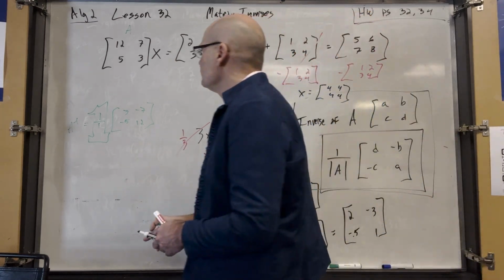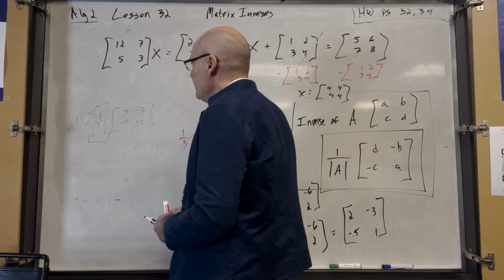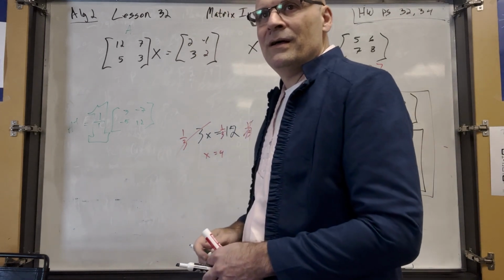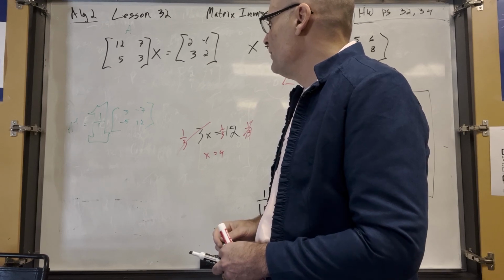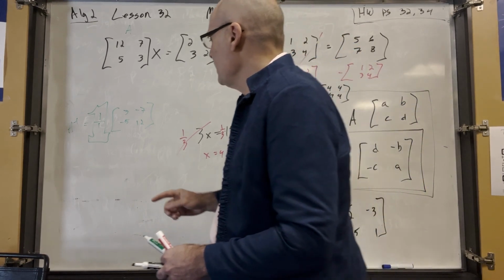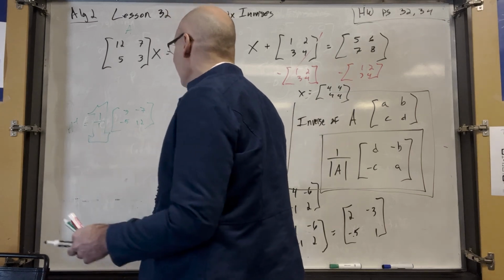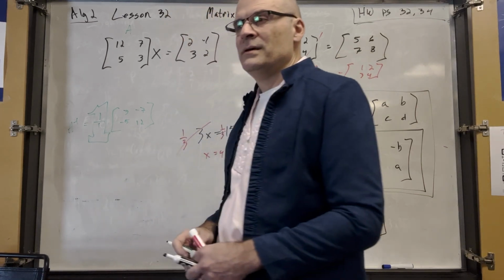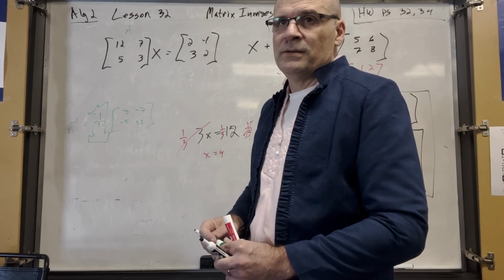Question? What if the determinant were 0? Would A to the -1 then just be the same thing, except with the places changed? If this was 0, then it wouldn't work.